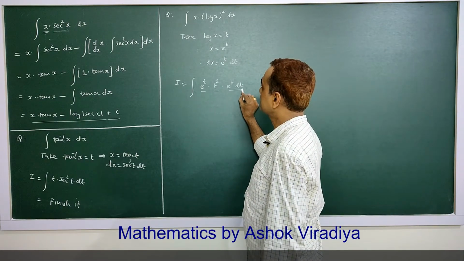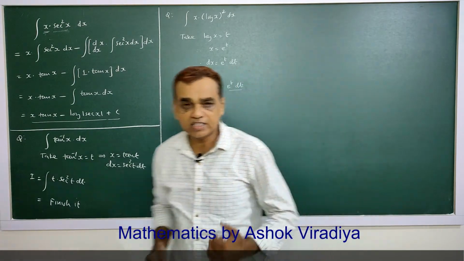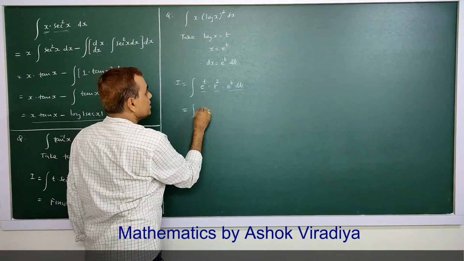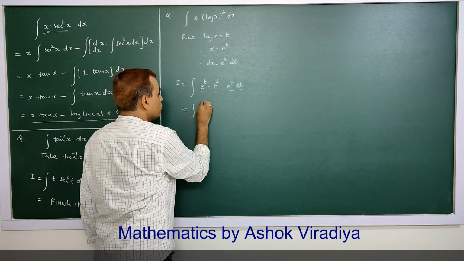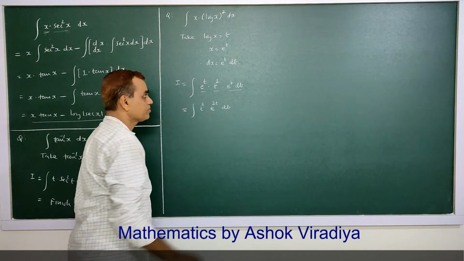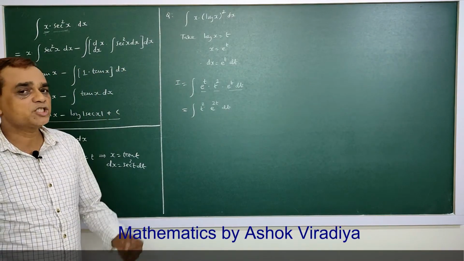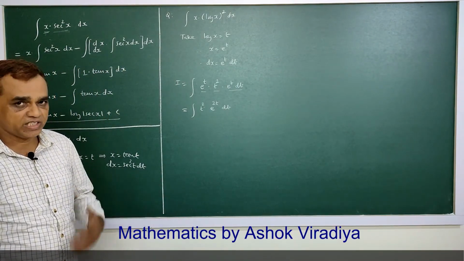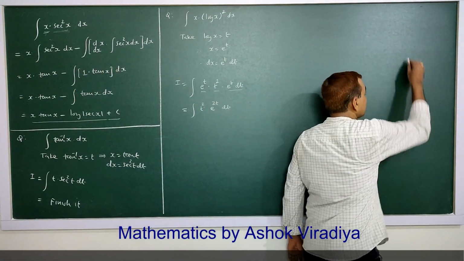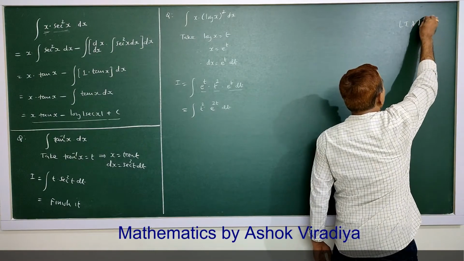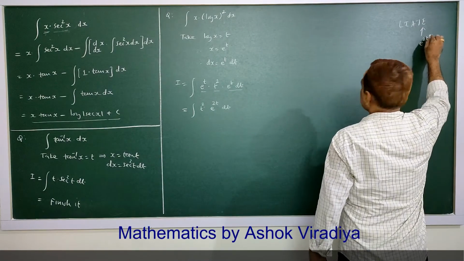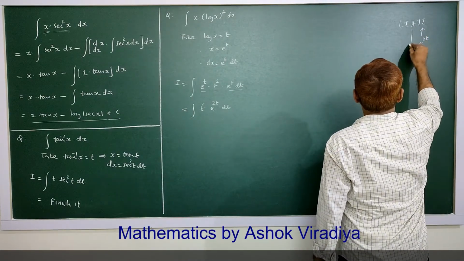This is dx. So joining this, it is equal to integral of e raised to t, t square into e raised to 2t dt. e raised to t into e raised to t is e raised to 2t. Now see, LIATE: e raised to 2t is exponential and t square is algebraic.